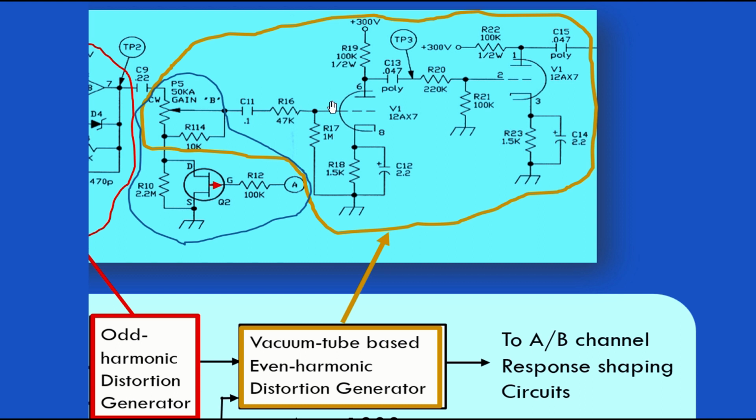Anyway, the amplification begins over here with an AC coupling cap, C11, this R16 resistor, and R17. There's no voltage division here to speak of because you got 1 meg and 47K. So signal pretty much goes into what's called the grid of this tube. Then there is amplification from the grid to what's called the plate, pin 6 up here.